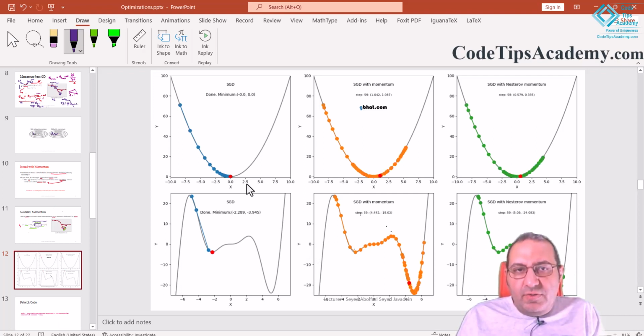You can see here the convex loss function, but in real-world scenarios you never see a convex loss function.